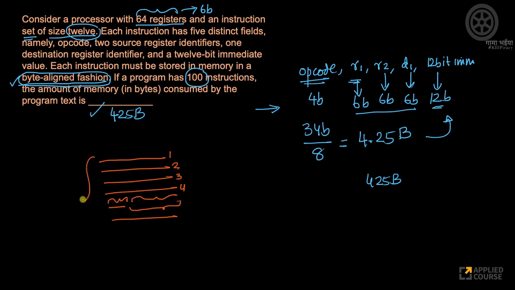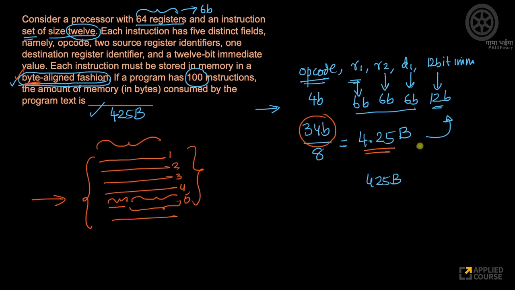How does the CPU now fetch everything and decode all of this? So when it says byte aligned fashion, it means that each word in my memory is 1 byte long. So even though it requires 4.25 bytes per instruction, in memory it will be stored across 5 bytes. See, I require 34 bits, right?